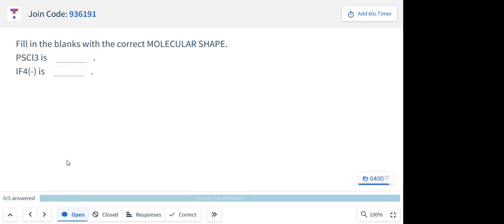Not looking for all the bells and whistles here. I just want you to draw those two structures and evaluate them to figure out their molecular shape. So I'll give you a few minutes to do that. We'll come back and talk about it, and then we'll talk about polarity, and that'll probably end us for the day.